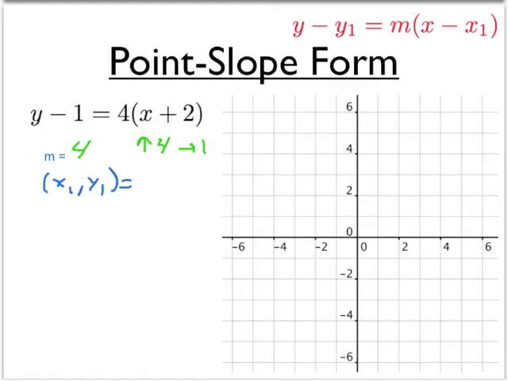Next, the point, I see I've got x minus 1 and y minus 1. Or sorry, y minus y1. Now, make special note of the fact that it's x minus x1. Here I've got x plus 2. In order to follow the pattern x minus x1, we'll need to change this up slightly. Instead of x plus 2, we can think about it as x minus -2.